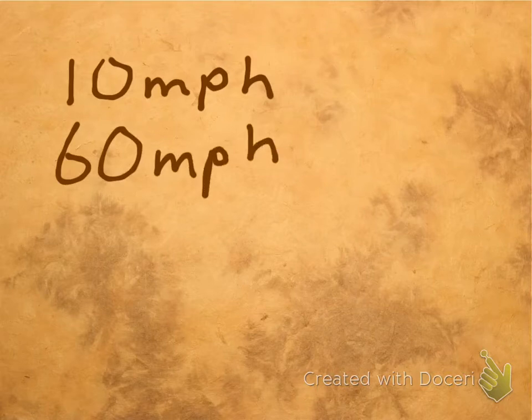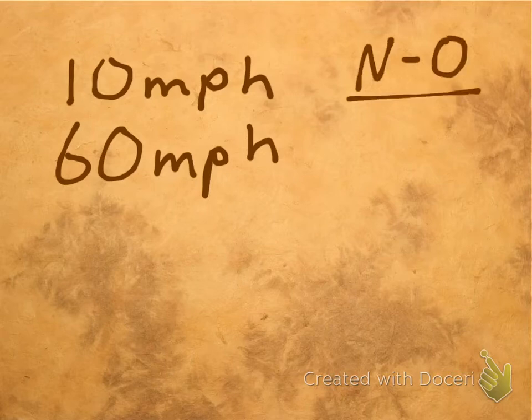What is the percent increase in wind speed from a gentle breeze to a storm? Alright? Now, what's my formula that I told you guys? New minus old over old.